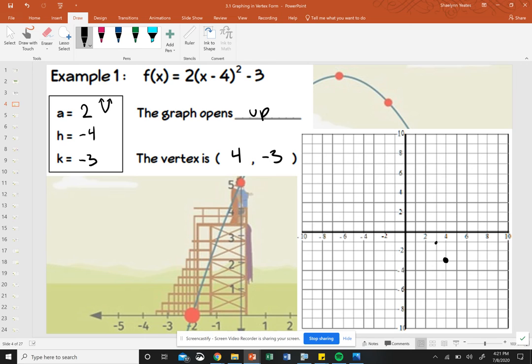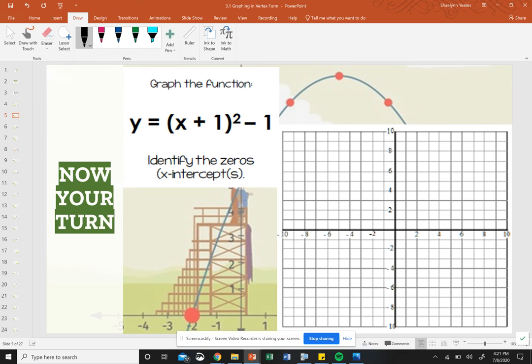So I'm going to go up 2, over 1 in both directions. And so this, oh, that's a very bad one, something like that, sure. That would be my graph. Okay, and I could plug in 0 and figure out where that is. So if I plug in 0, that would be 16 times 2 is 32 minus 3. That's not going to be pretty, so we're going to leave that alone. Because it's going to be really big.